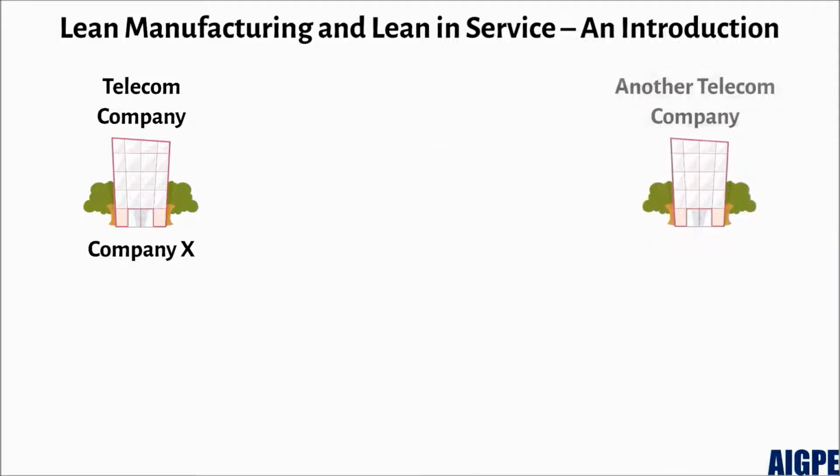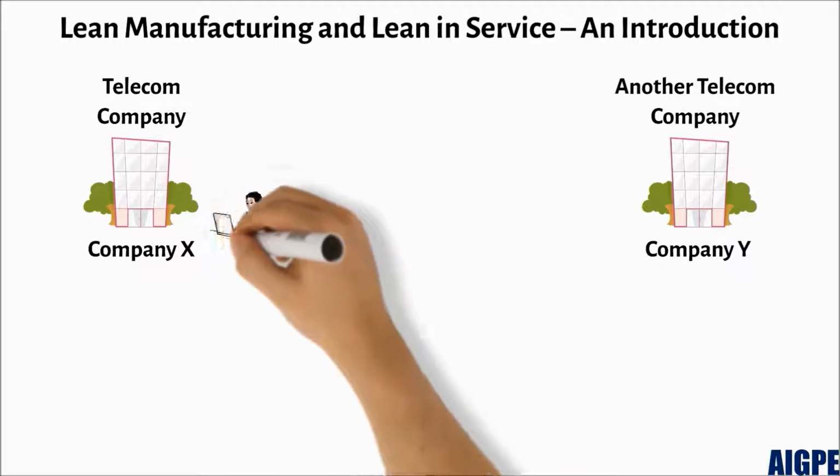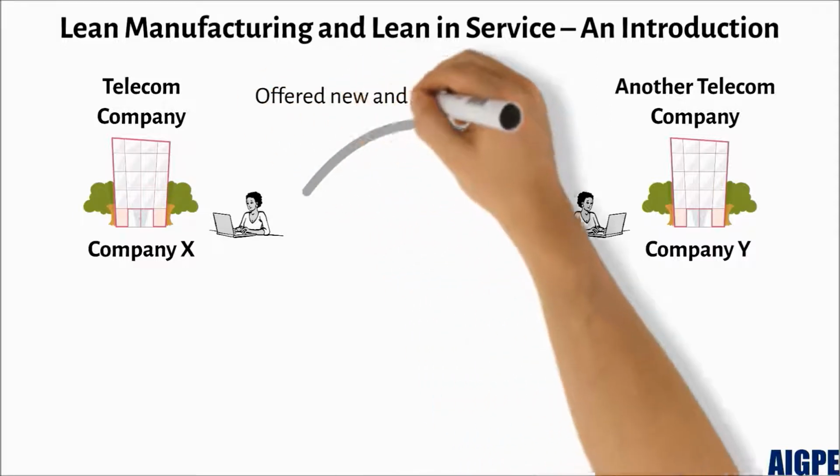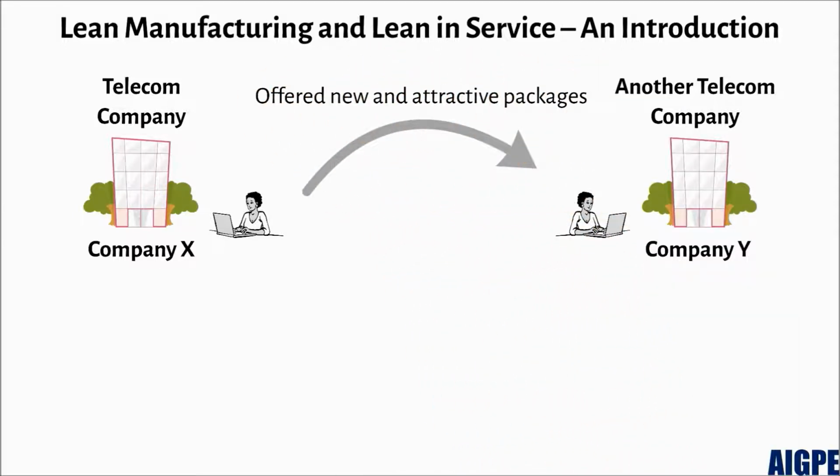Another telecom company, Company Y, started its back office operations in the same city and started poaching employees of Company X to join them. With the new and attractive packages offered by the new competitor, Company X started losing its talent pool.